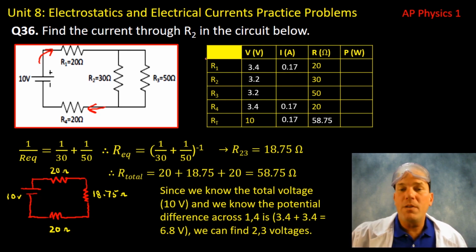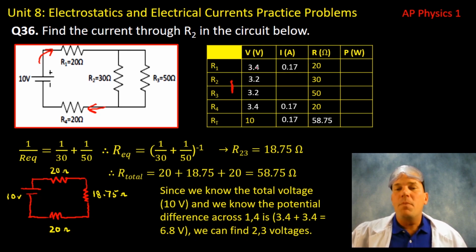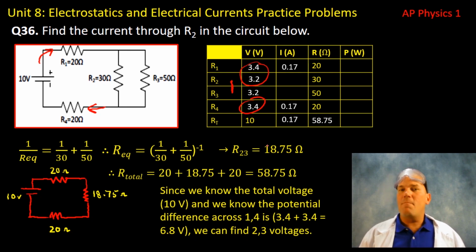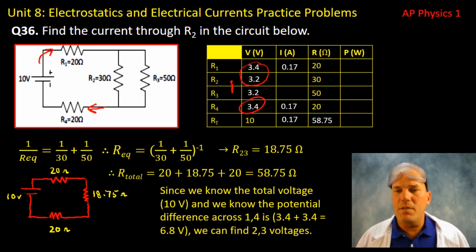And so when we look at these values here, these are the two that are in parallel. But when we add this and this, we get 10, and that means that energy's been conserved. Again, that's an application of Kirchhoff's loop rule, conservation of energy.